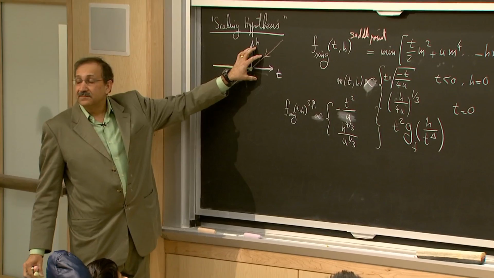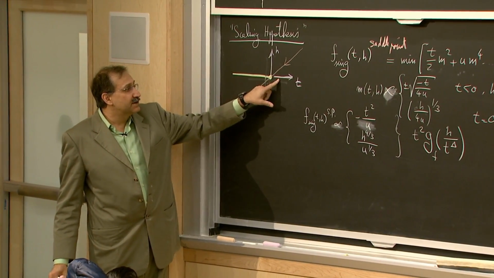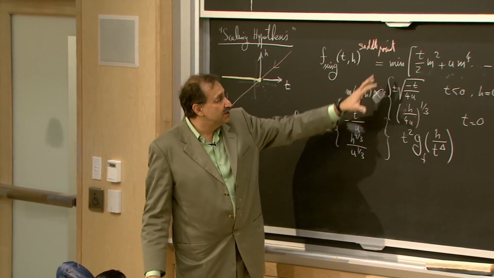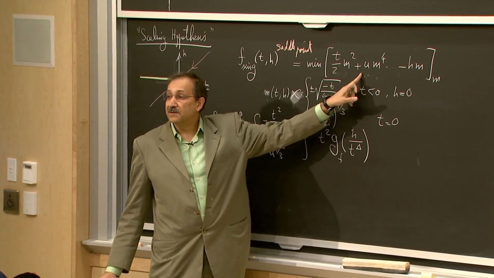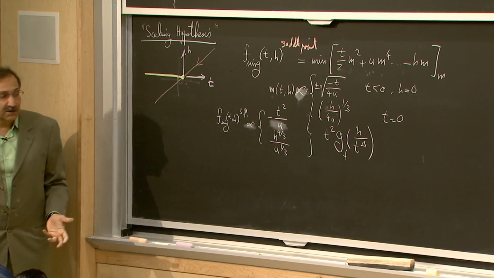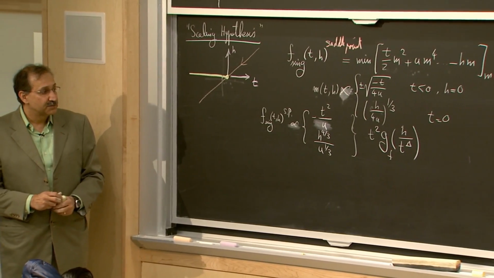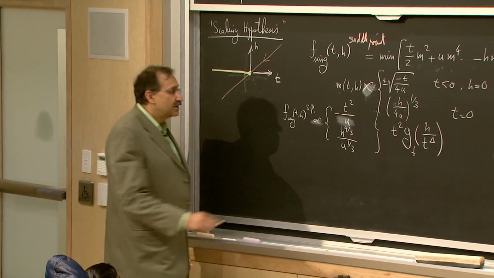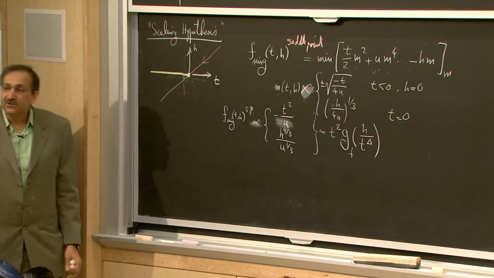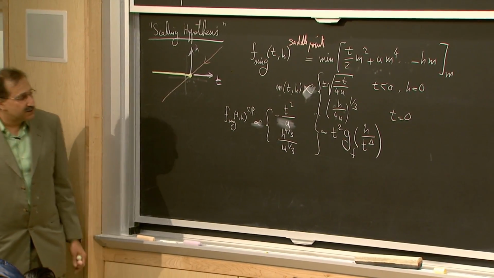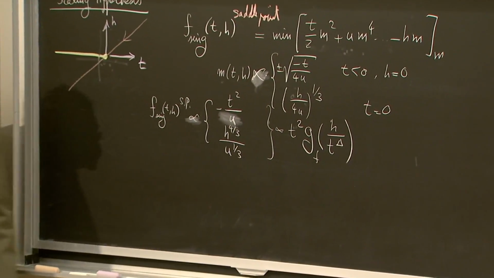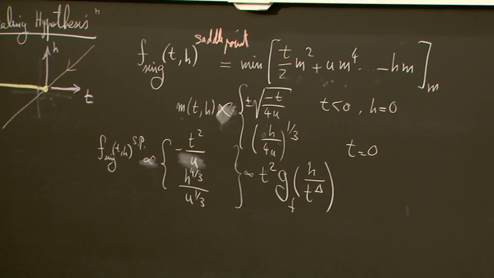In general, anywhere else where t and h are both non-zero, the answer for m will be some solution of a cubic equation, but you can arrange it to only be a function of h over t to some power and have this form. Now, rather than explicitly showing how that arises, which is not difficult, since there is something that we need to do later on, I'll show it in the following manner.